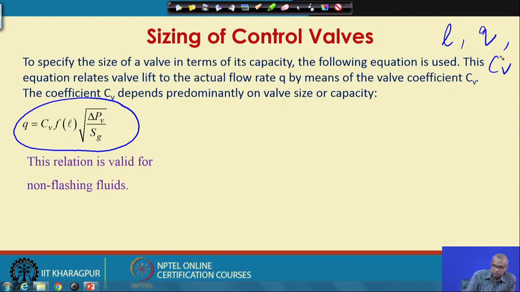So, the equation relates the actual flow rate Q with the lift of the valve represented as L, and FL is a function of L. I will come to FL a little later.